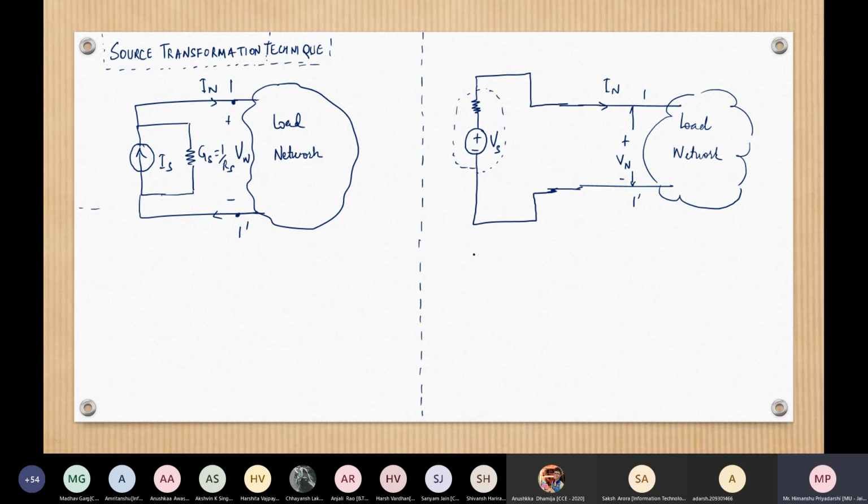Vs will be equal to Is into Rs, and this Rs remains the same. Is that okay? And if I want to move from this side to this side, I can write Is is equal to Vs upon Rs. So this is the source transformation technique.